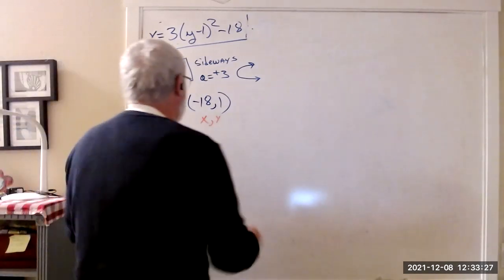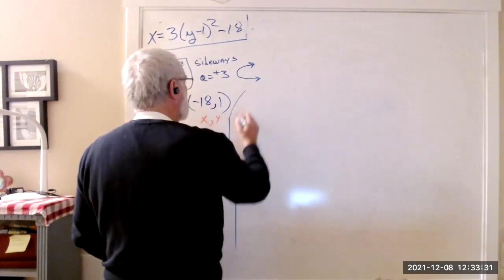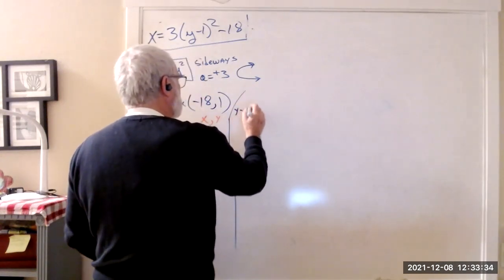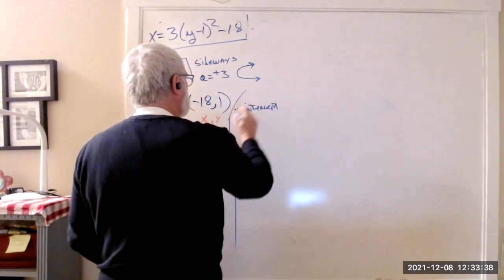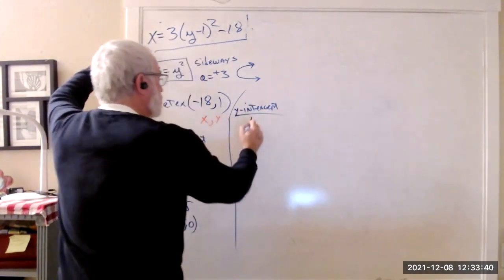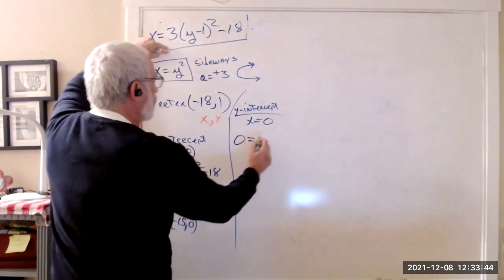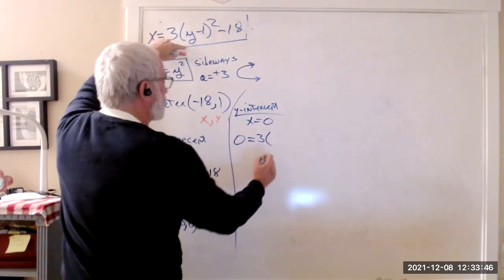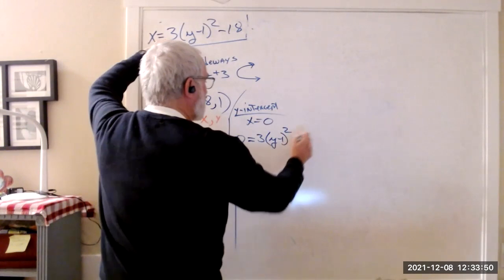All right, let's try the Y-intercepts. That means X is worth 0. So I have this equation, 0 equals 3 times y minus 1 squared minus 18.